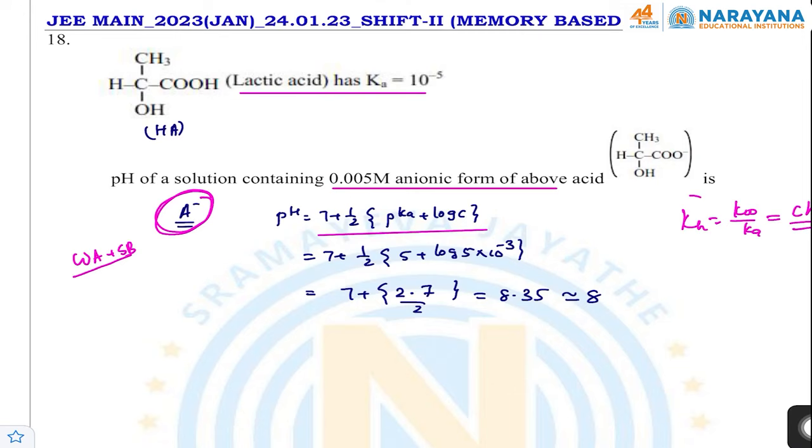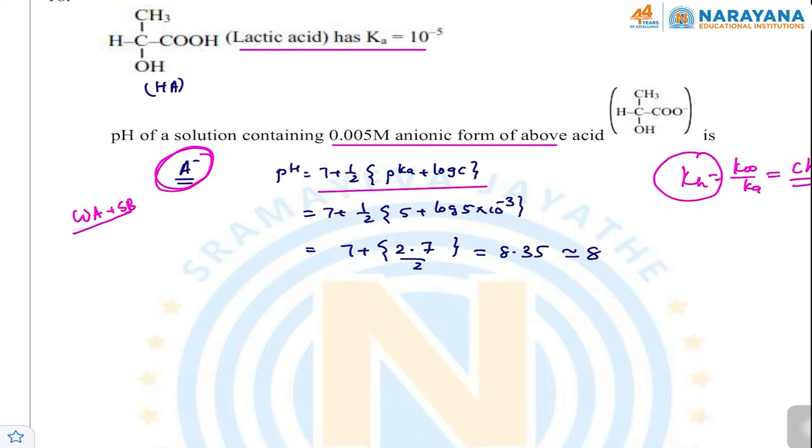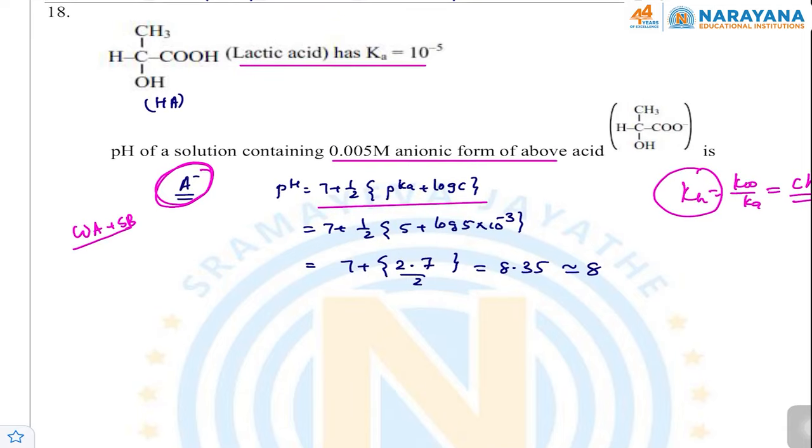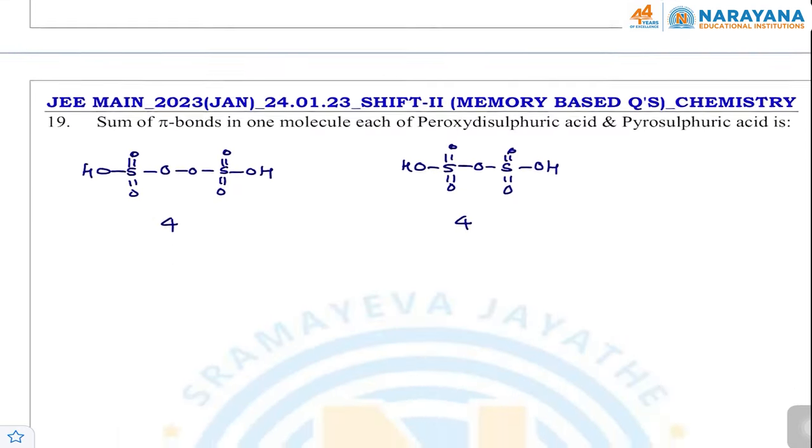From this expression you can calculate the concentration of H plus and get the pH, or you can apply directly the formula pH equals 7 plus half of pKa plus log C. Everything is given here. pKa is 5. When you substitute this, you'll get 8.35. So you should approximate to the nearest answer.